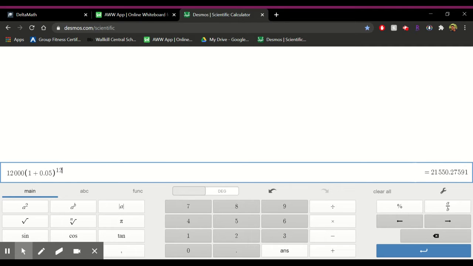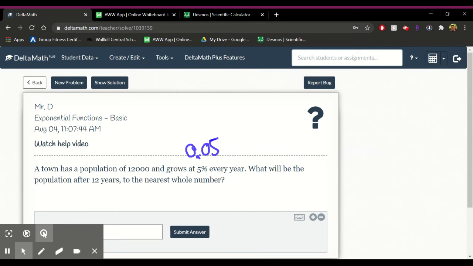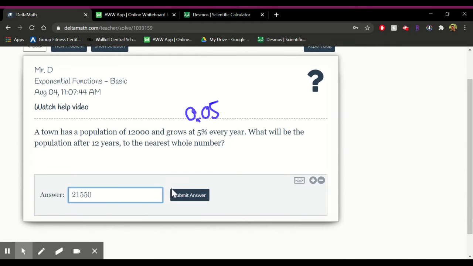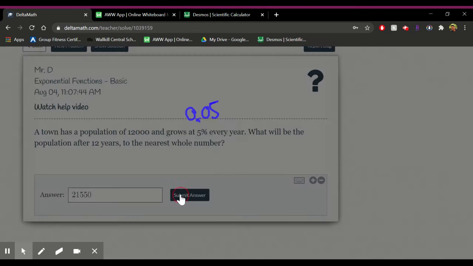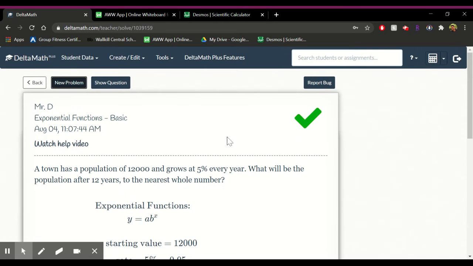Now you get this long number, but we want to round it to the nearest whole number. So it is this number right here. I wonder if it's going to let us copy and paste it. That would be really nice. Yep, it does. Submit.